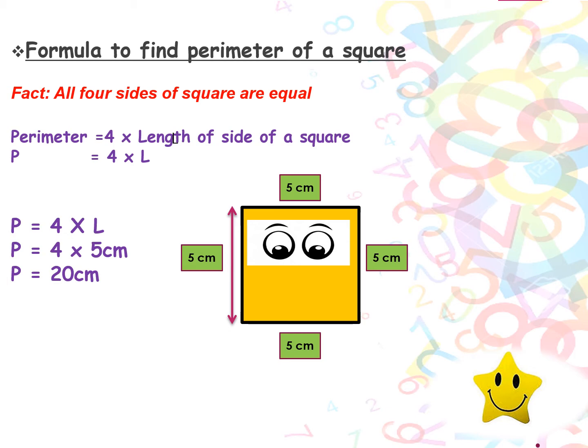In short form, we can also say P equals 4 times L. So therefore, if I need to calculate the perimeter of this square, P equals 4 times 5 centimeter and P equals 20 centimeter. In other words, our perimeter is 20 centimeters.